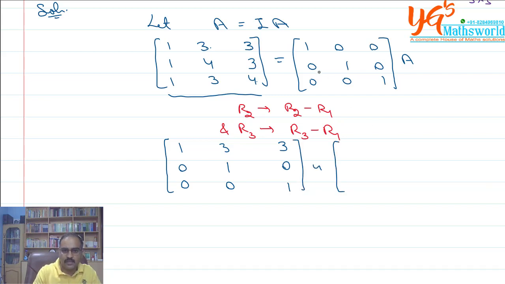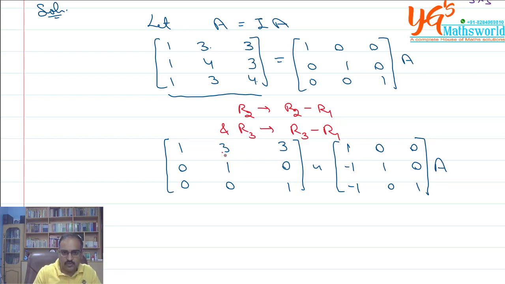Similar to now, first row will remain as it is, because we are not operating any operation on R1. R2 minus of R1, that is minus 1 1 0, R3 minus of R1, so minus 1 0 1 into the A matrix.